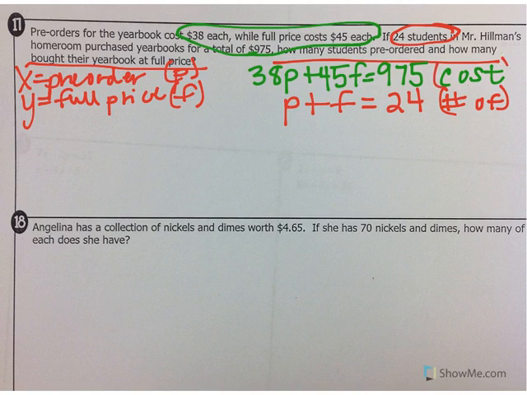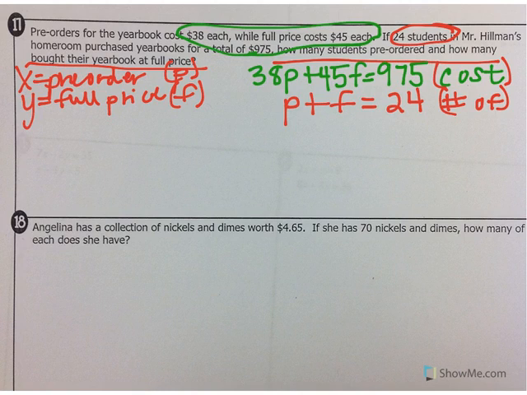So my first equation is about the costs, and every single term, the 38P, the 45F, and the number, all of these represent cost. So 38P represents a cost. 45F represents a cost. 975 represents a cost. So all of these are a cost.